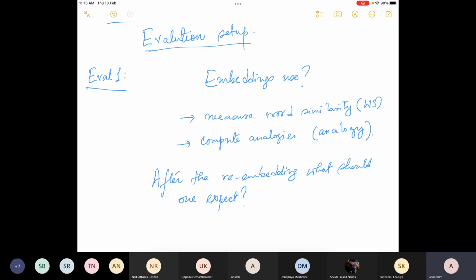So suppose before the embedding, you were getting some word similarity performance, you were getting some analogy computation performance. Now after re-embedding, would you like to have the same performance or not? So the embedding should be usable, right? After re-embedding, the embedding should be still reusable for their original tasks. That should not be disturbed.